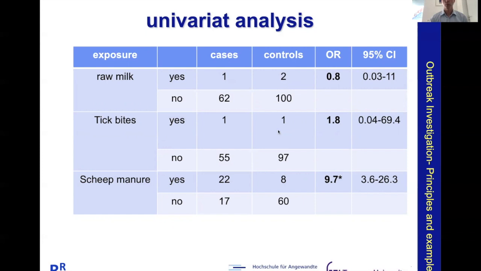Tick bites were not common, but contact to sheep manure shows a very, very high odds ratio, almost 10 times as high. So cases probably went for walks and recognized that they were among sheep manure much more often than controls. This was highly, clearly significant.